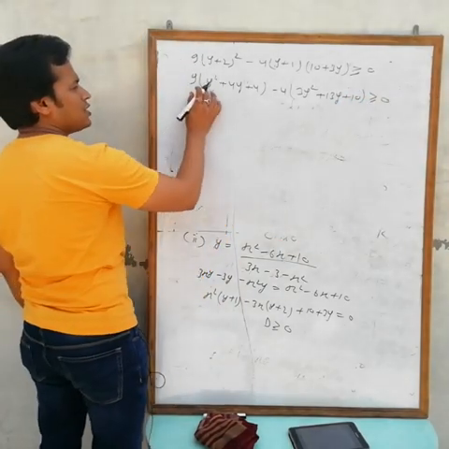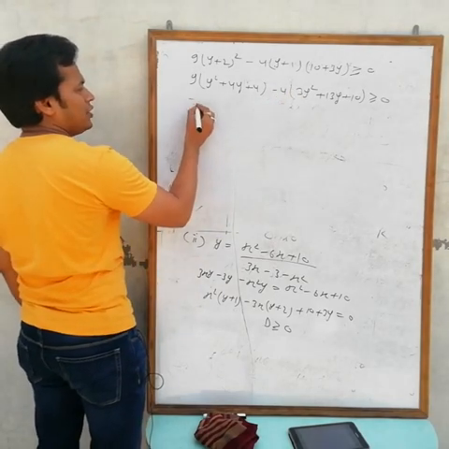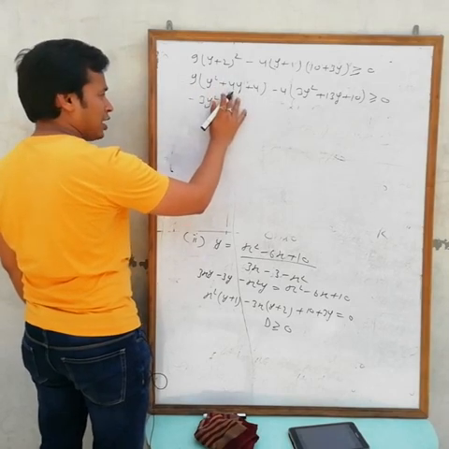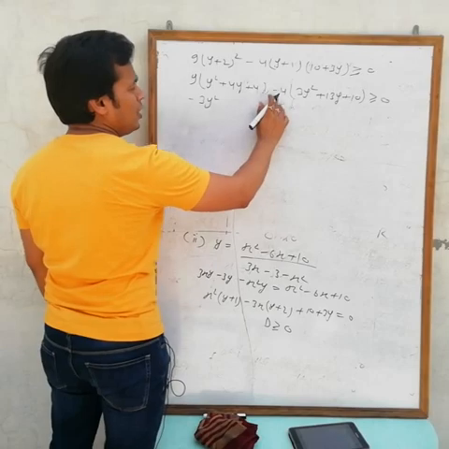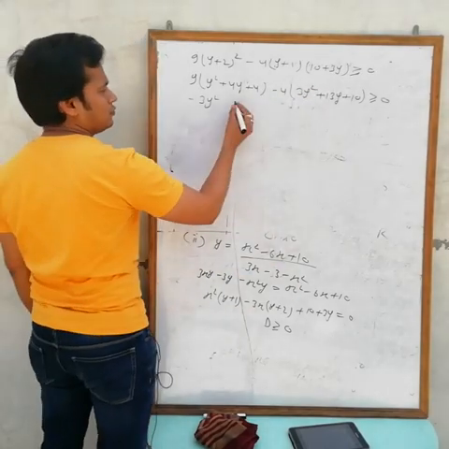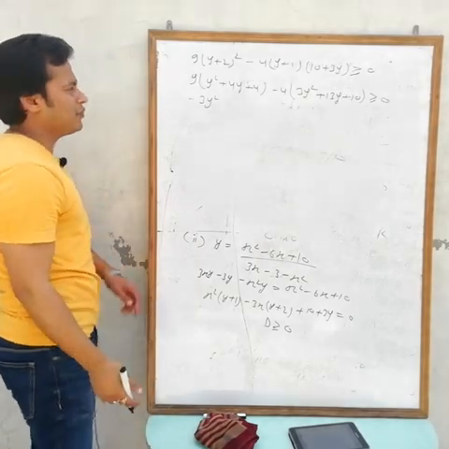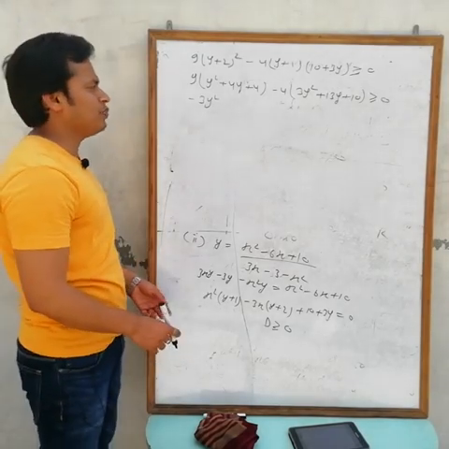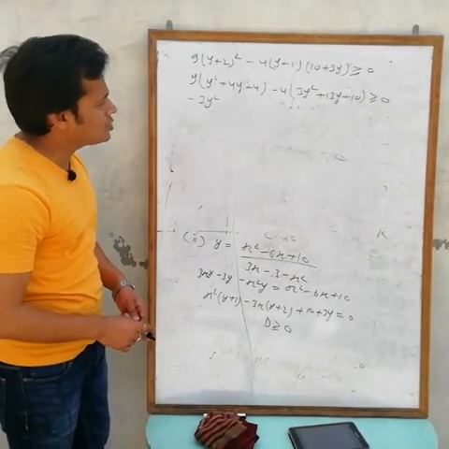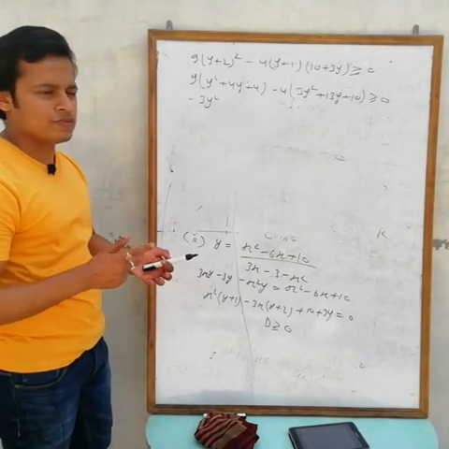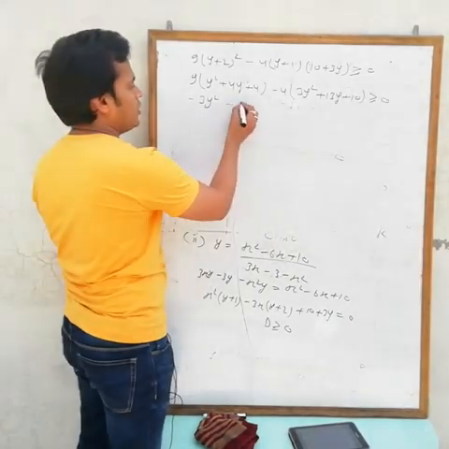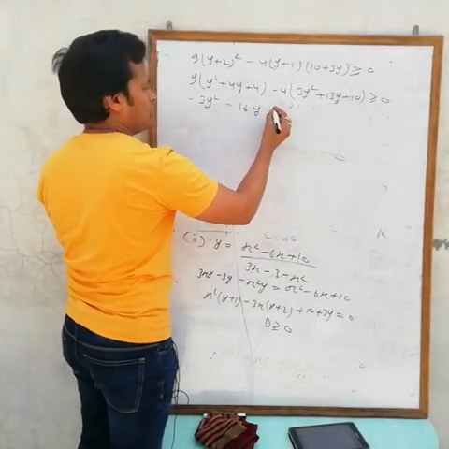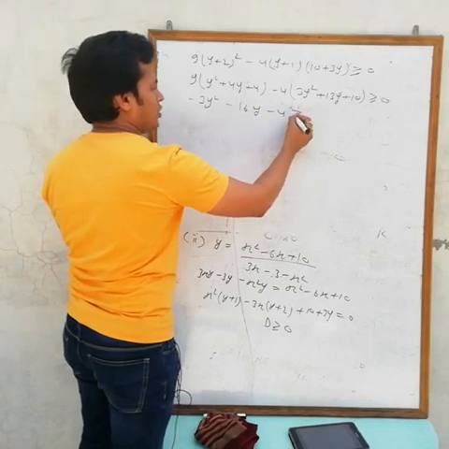If you solve this, plus 9y square minus 12y square gives minus 3y square, plus 4y minus 52y... plus 36y minus 52y. Now how much is this? Plus 36 and minus 52 is minus 16. So minus 16y plus 36 minus 40, then minus 4 greater than or equal to 0.